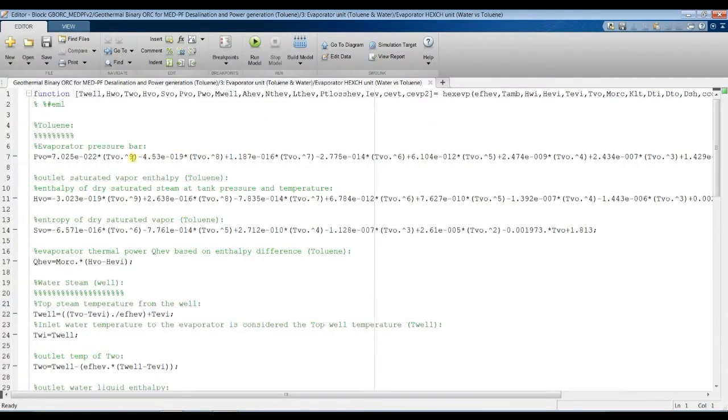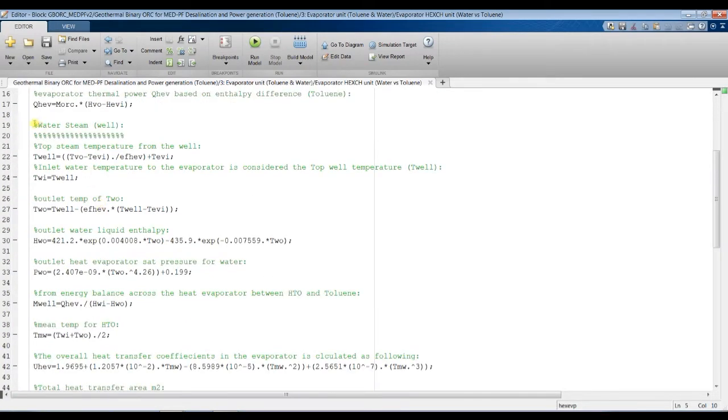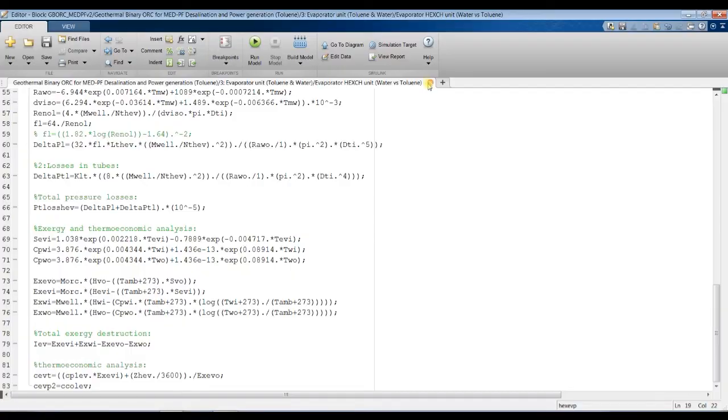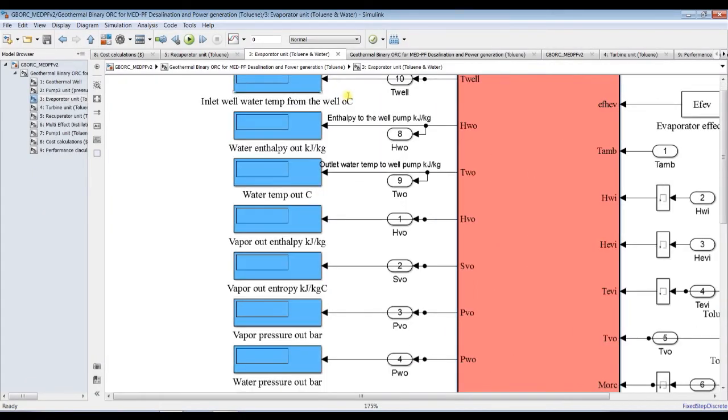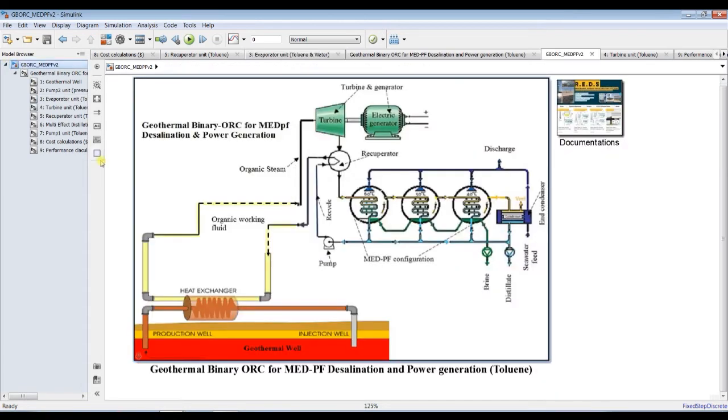You can edit everything here. We have the turbine here, and we have the turbine side and the water stream side for the well. It's complicated. We can calculate many parameters, such as top well temperature. This temperature we are going to calculate.